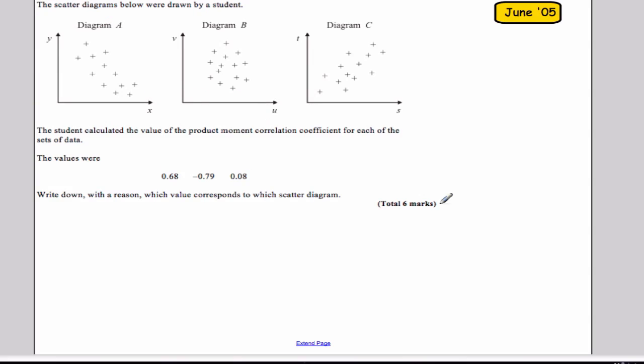Okay, the scatter diagrams below are drawn by a student, and the student calculates the value of the PMCC for each of the sets of data. The values were 0.68, minus 0.79 and 0.08. Write down with a reason which value corresponds to which scatter diagram. Okay, so let's have a look. 0.68.